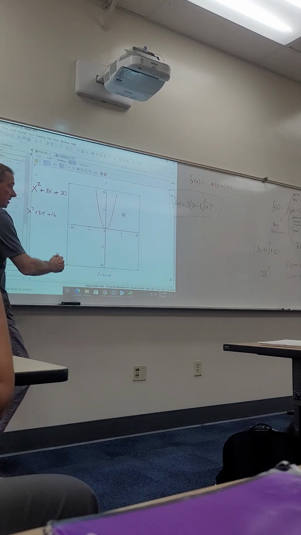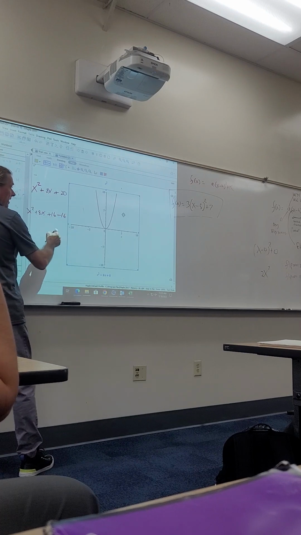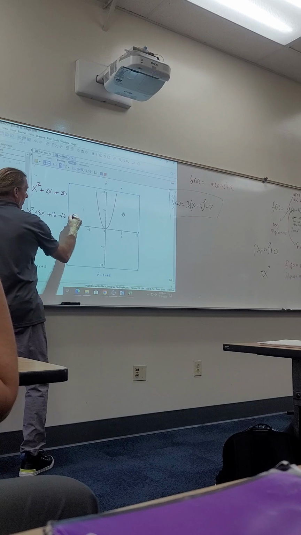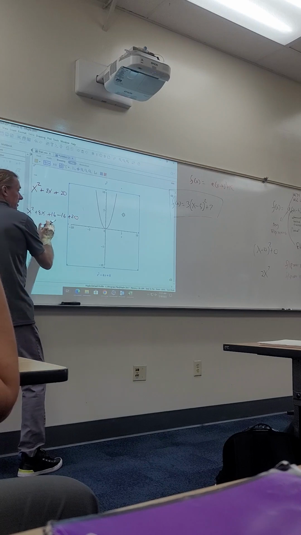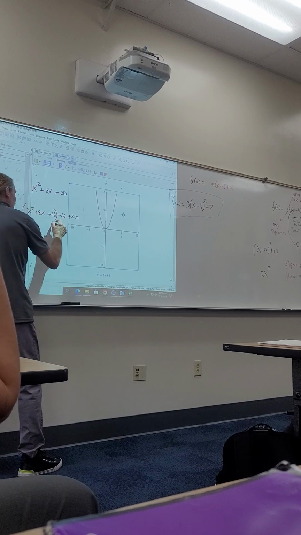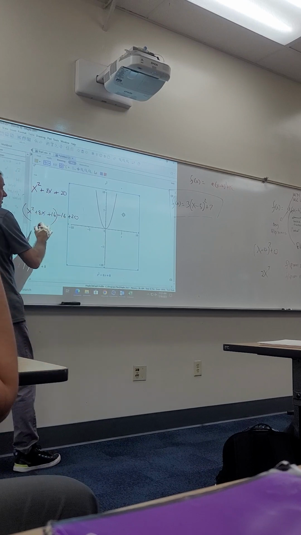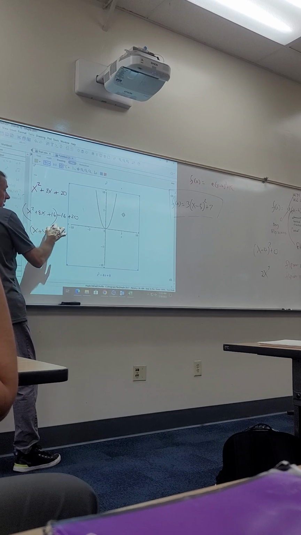So what do I have to put here? Minus 16. And then what's already there? Okay, now what is good about addition and subtraction is it's called what? Associative. I can do this, which becomes x plus 4 squared.